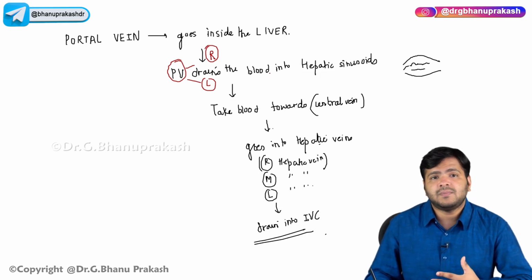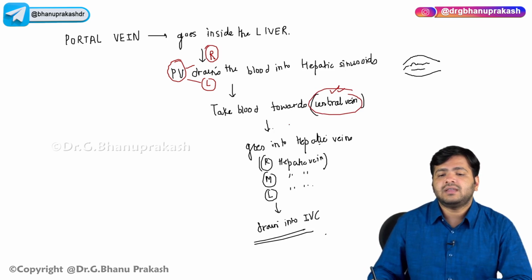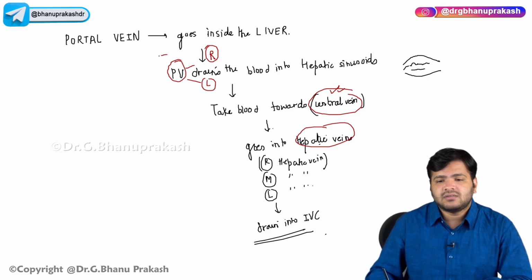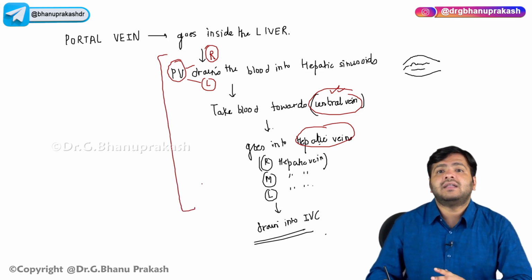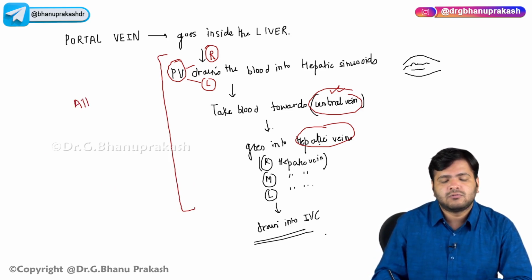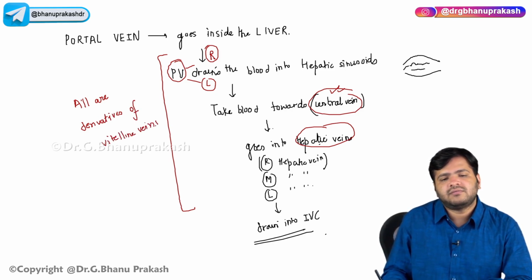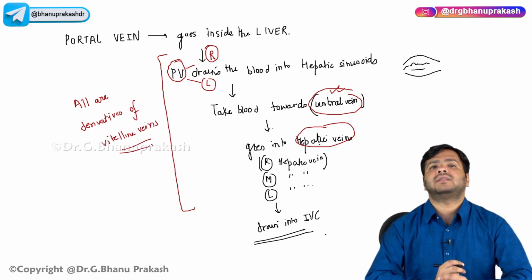It takes the blood into the hepatic sinusoids, then towards the central vein, then from the central vein it goes into the hepatic veins, and all these structures are derivatives of the vitelline veins, right?